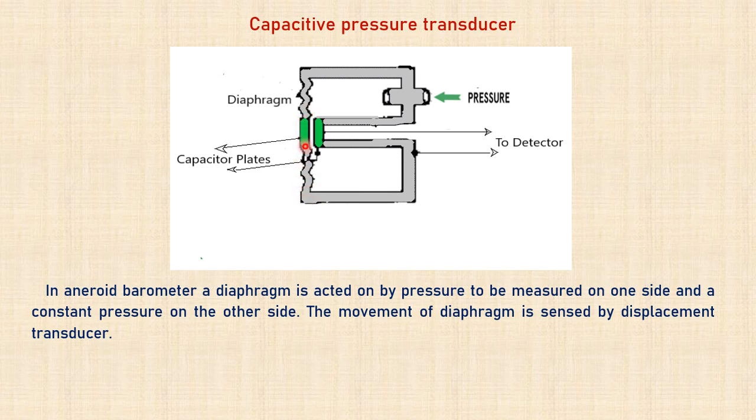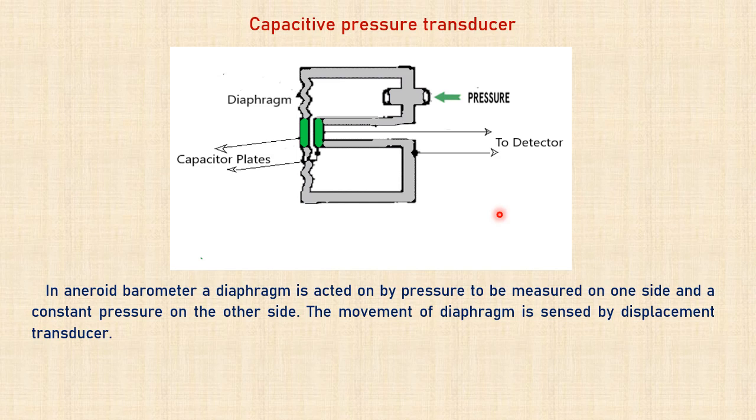So this movement of the diaphragm will cause a change in the capacity of this capacitor, because we learned the capacity of a parallel plate capacitor C is equal to epsilon naught A by D, where A is the area of the plates, D is the distance between these two plates. So whenever the diaphragm moves, the distance between the two plates of the capacitor changes. So the capacity of this capacitor changes, which can be detected with the help of a detector here.